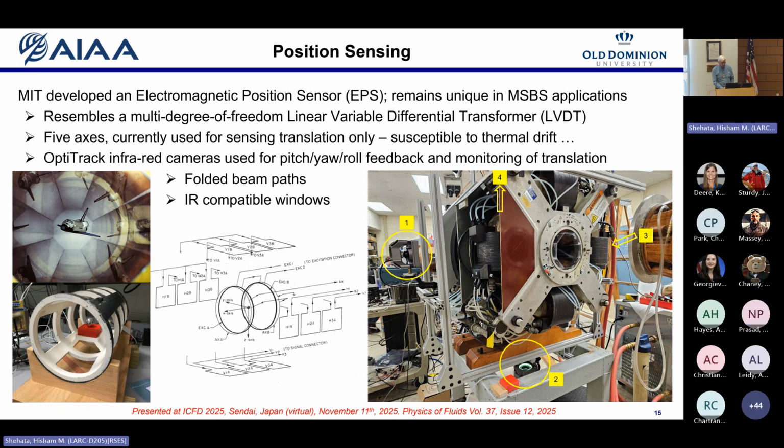We've added motion tracking cameras to better capture the trajectory of these models. In this case, since it's in continuous rotation, it's really only used to confirm that it's rotating true about one axis. There's no coning or wobbling going on.